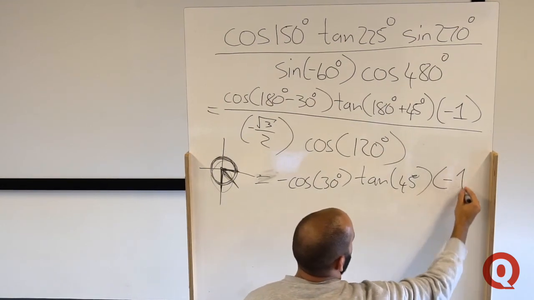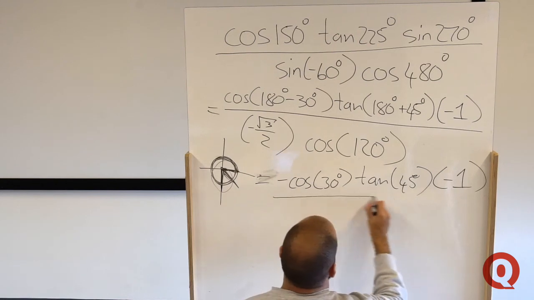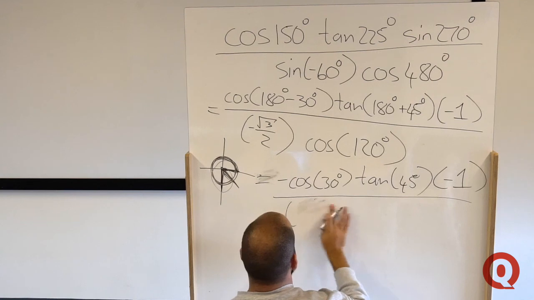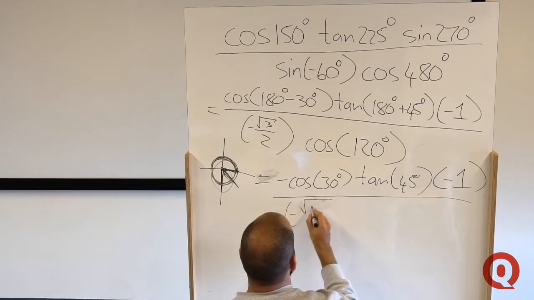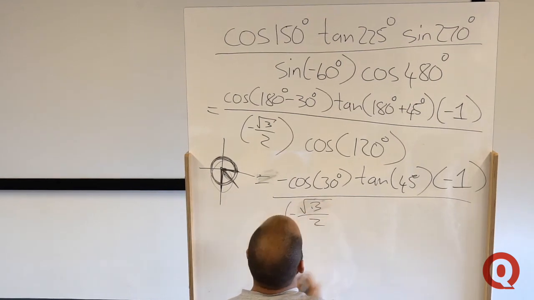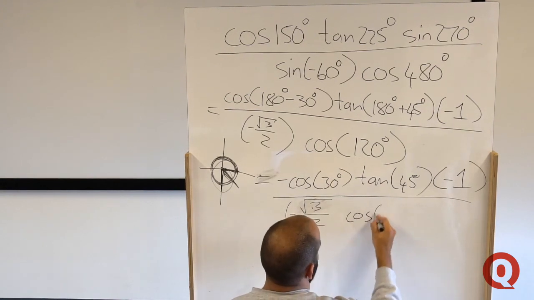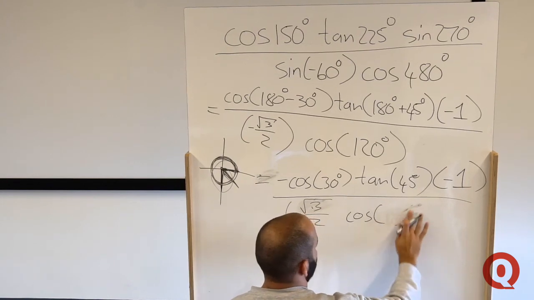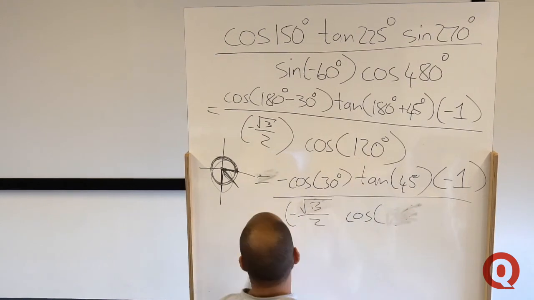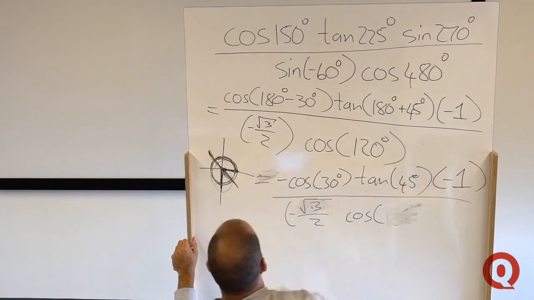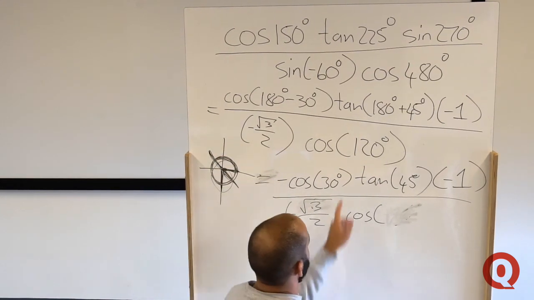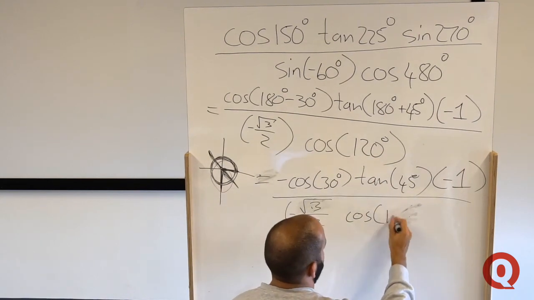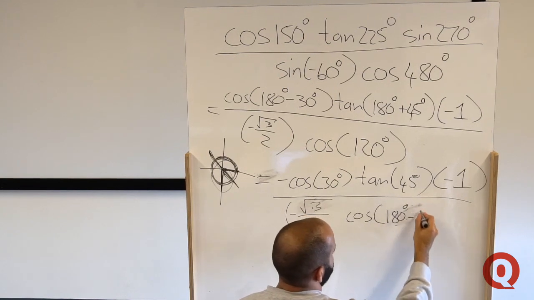You've got minus 1, you've then got negative root 3 over 2, cos of 120 degrees, which is going to put you in the second quadrant, where cos is negative. And you could rewrite that with the 180 degree rule, which is 180 degrees minus 60.